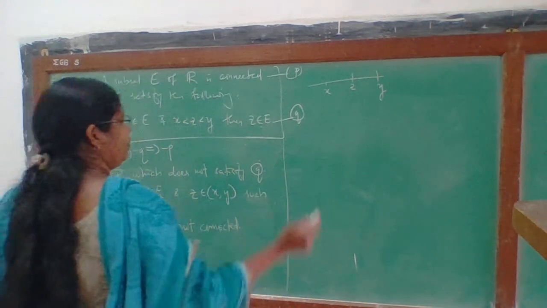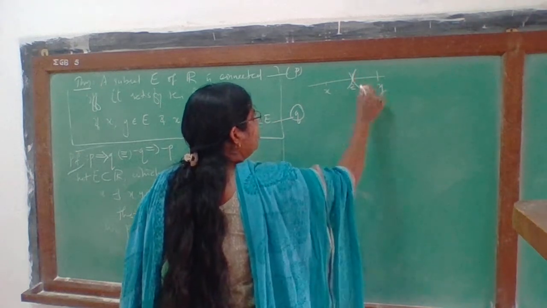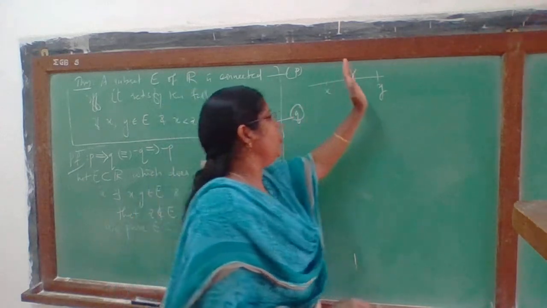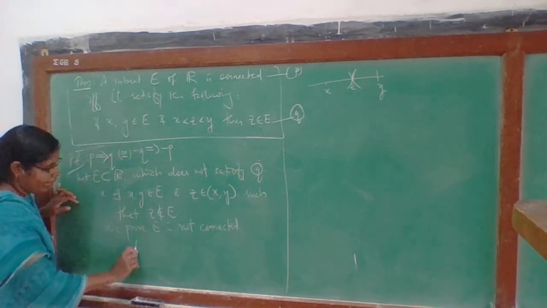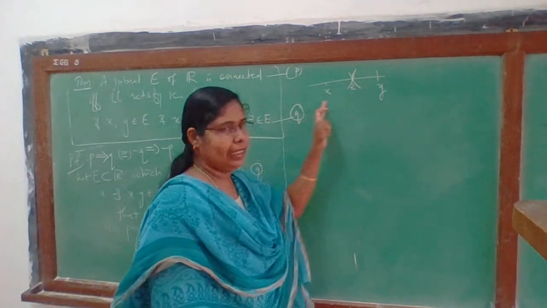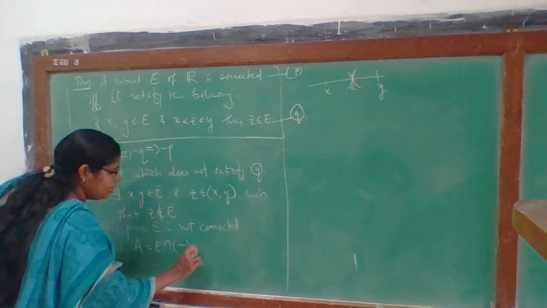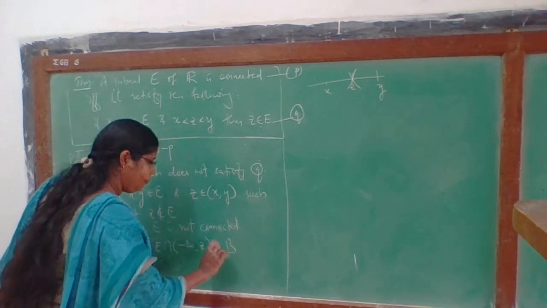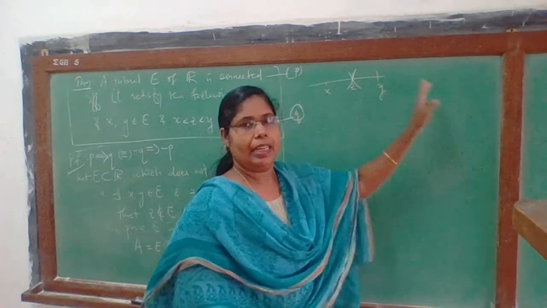So what we are doing is we divide E into two sets: those points in E which are less than z, and those points of E which are greater than z. Okay, so we define A as the points in E which are less than z. That is exactly E intersection (minus infinity, z), because it is in R. And similarly, we define B as the set of points in E which lie above z.